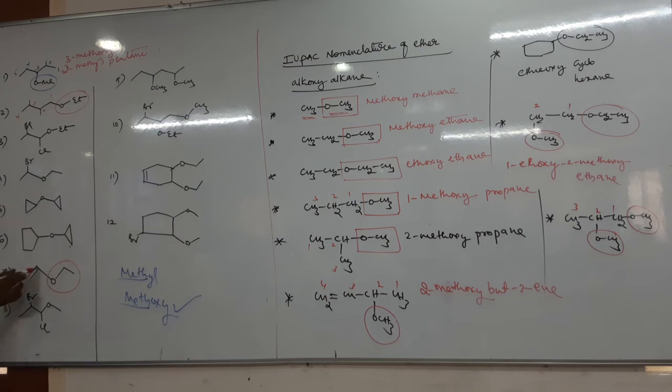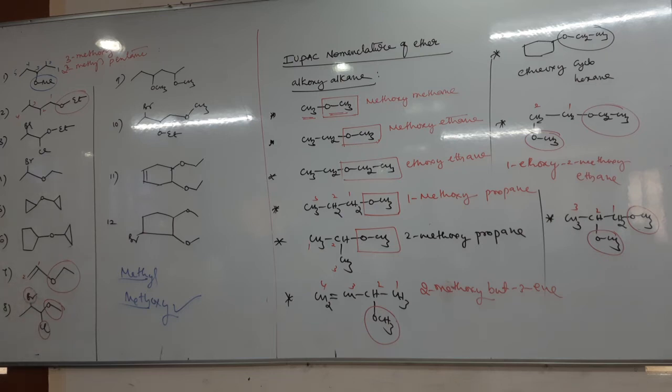Now this is the parent chain. Therefore 1, 2. So which one? 1-ethoxyethene. Okay, ethene has 2 carbons. That's why the 1 is not required. If you write it also, nothing wrong. 1-ethoxyethene.